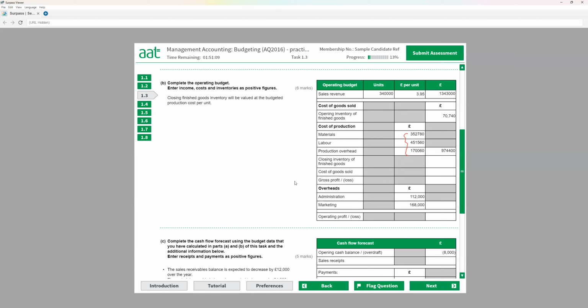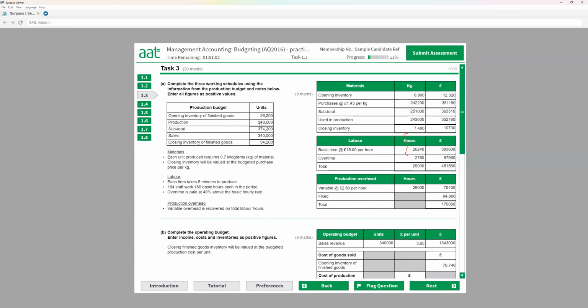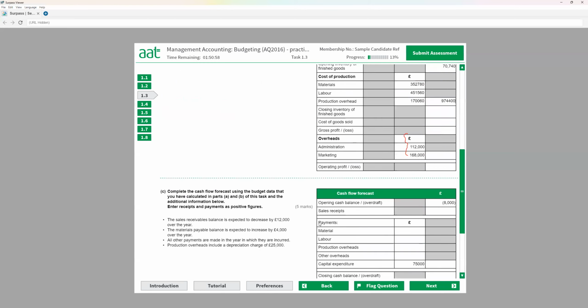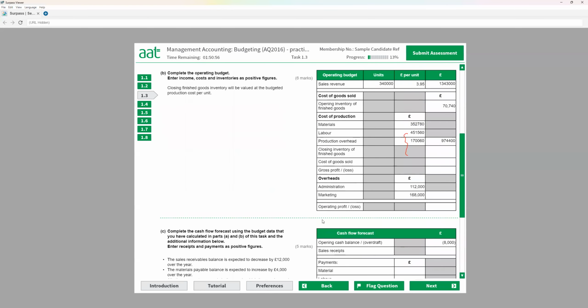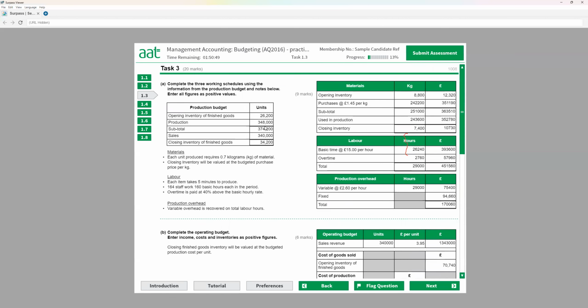Now, let's have a look. How many units have we produced? We have produced 348,000. So we do 974,400 divided by 348,000, the units we have produced. That gives me 2.8.